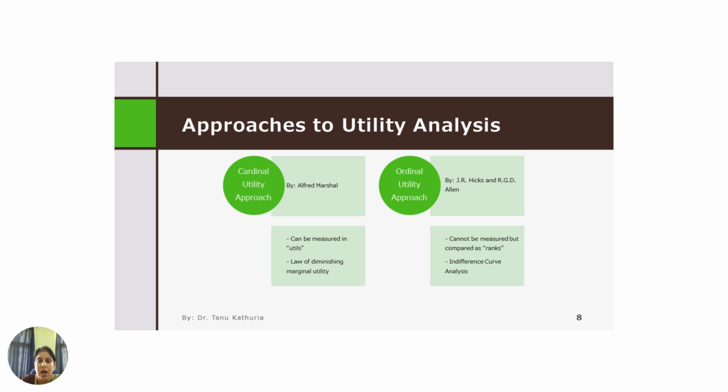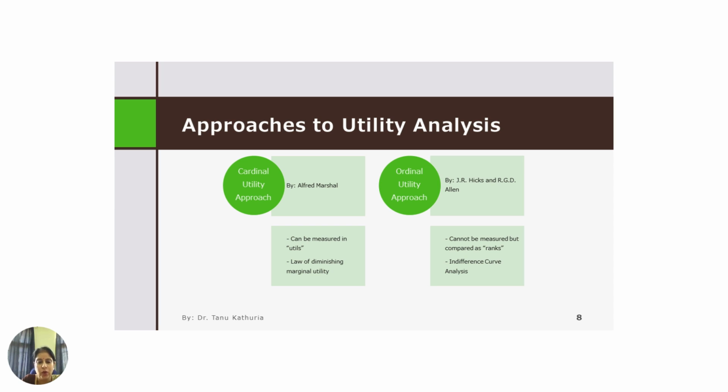When I say how the utility approaches can be seen, it is something like this: the cardinal utility approach and the ordinal utility approach.